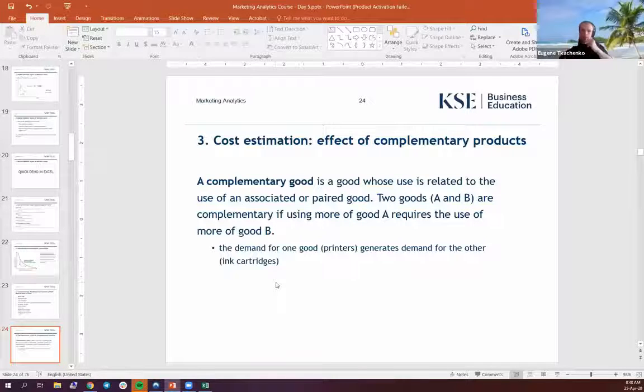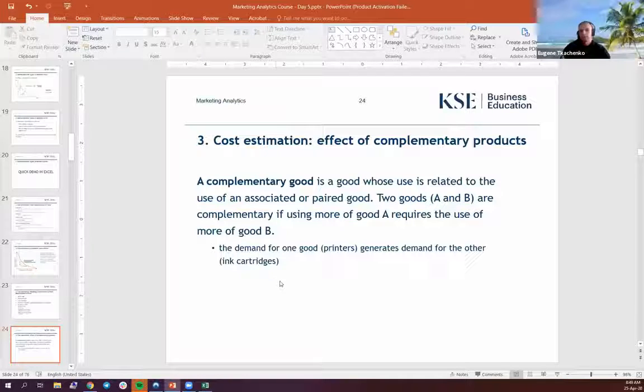Essentially, you just plug in your ink cartridges, somehow wrap them inside the printer, and that's it. It's good to go. But when you're selling ink cartridges outside of the printer, the packaging becomes different. So therefore, it is affecting the price of ink cartridges separately from the printer.